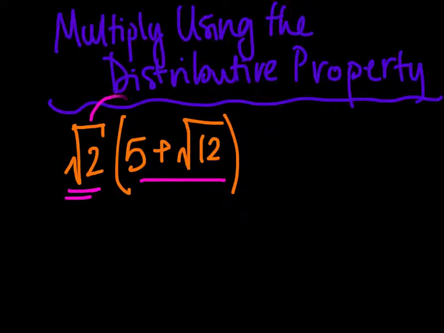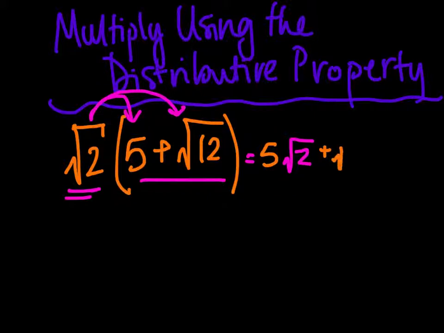Let's use that distributive property to multiply that square root of 2 by 5 and that square root of 2 by 12. So we can rewrite this as 5 times the square root of 2 plus square root of 12 times the square root of 2.